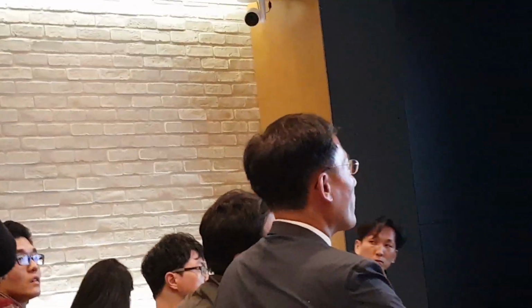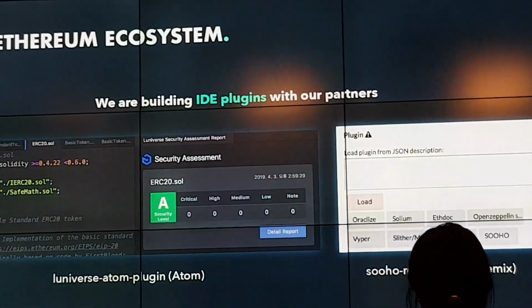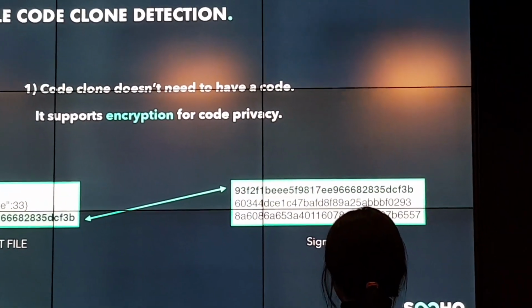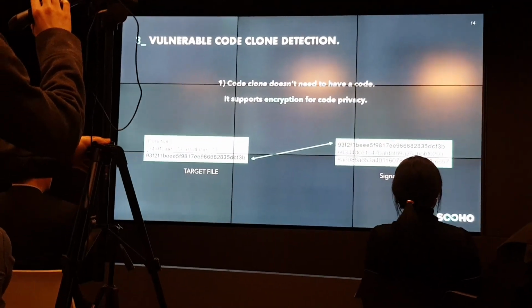Okay, any ideas from the audience? My company is now developing an unlosable cryptocurrency wallet for Ethereum, and my company's developers do not want to show the smart contract code to anyone, but can your company's solution check the compiled smart contract binary file for bugs or other problems? Yes, in that case, we support an encryption function to ensure code privacy.